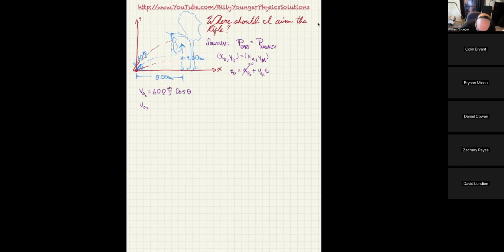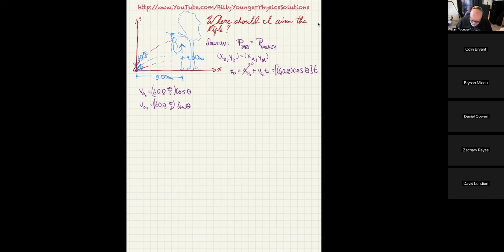And v0y is equal to 60.0 meters per second times the sine of theta. So with that in mind, I get 60, and I'll just leave the units off right now, 60 cosine theta times t.